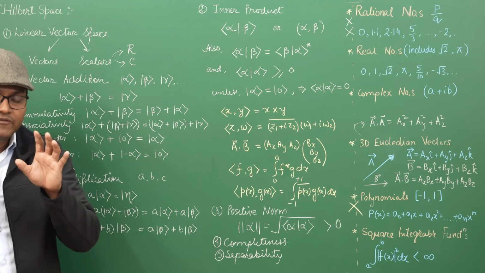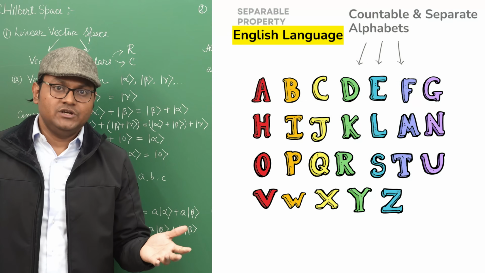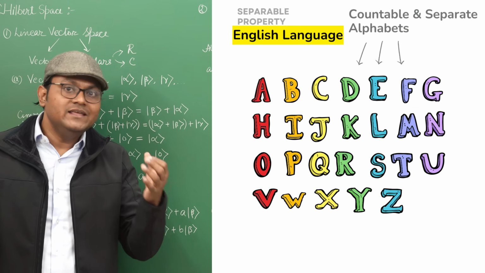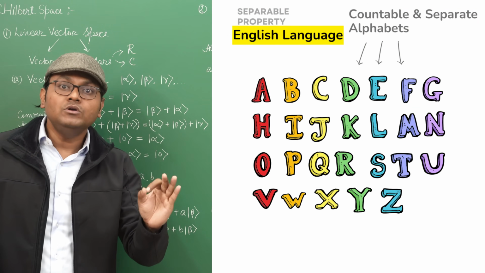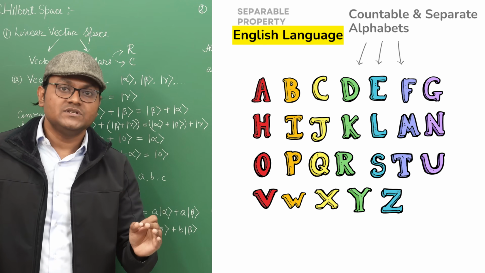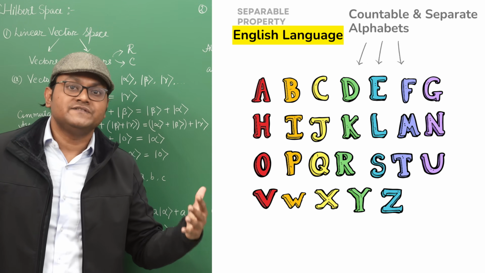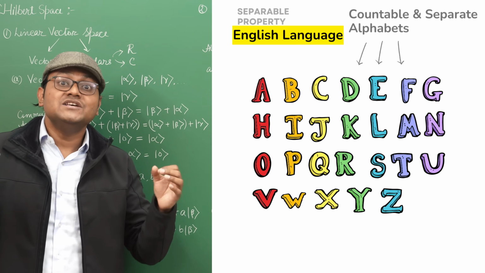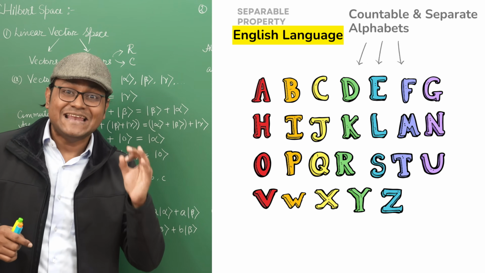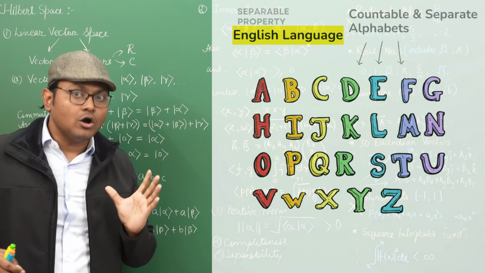For that, we have a couple of examples. So the English language is constructed by the English alphabet, which are essentially 26 countable distinct letters. Using them, we can construct an infinite variety of sentences. So in that sense, English literature is separable because it has a finite and countable number of building blocks.